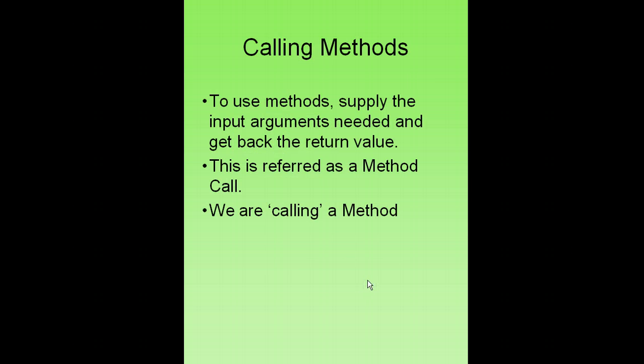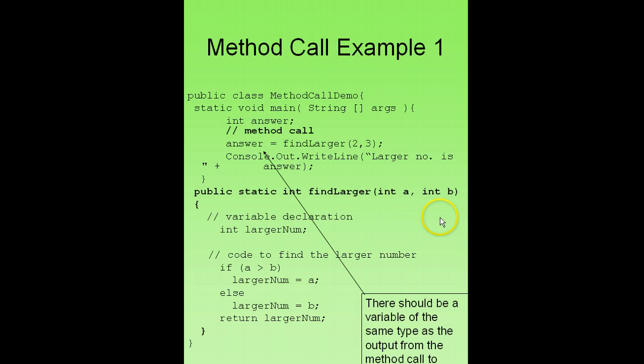So to call methods, supply the input arguments needed and get back the return value. This is referred to as a method call, where we are calling a method. Now for example, a method call demonstration. In the main method, which is where our code starts from, we want to find the larger of 2 and 3.